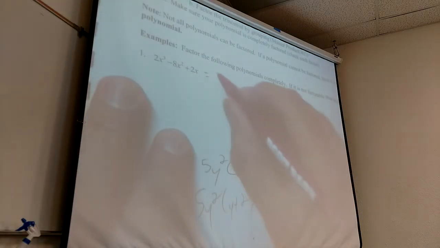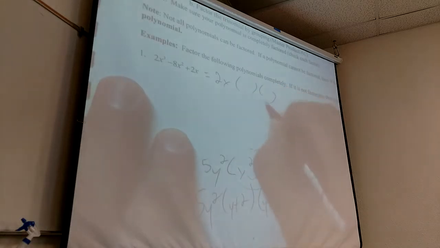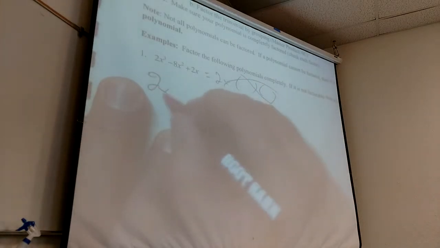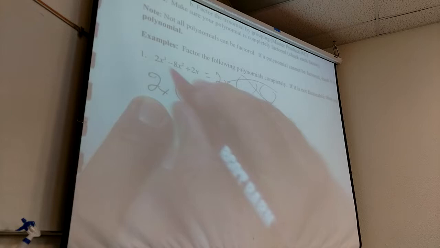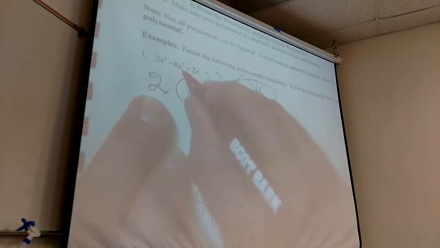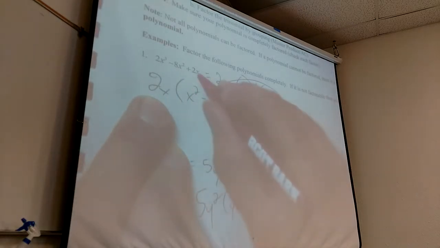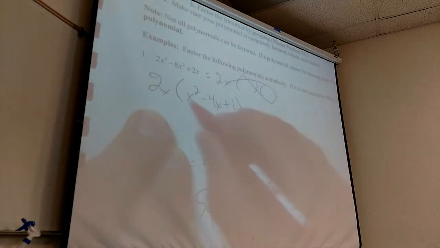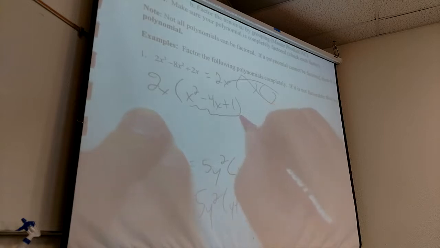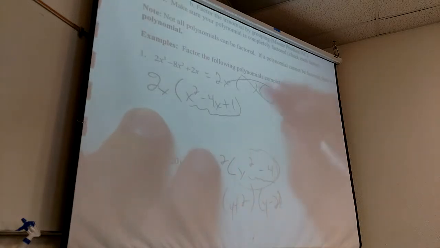On a problem like number 1, I always get somebody that does, I'm sure you guys can all see the GCF on that, right? And then I get somebody that tries to do this. Oh my God, no. So if I take a 2x out, I want to first tell myself what is there. So what do I get when I take a 2x out? X squared minus 4x plus 1. I like it. Now I can say, okay, will this factor? Any factors of 1 that add to be negative 4?